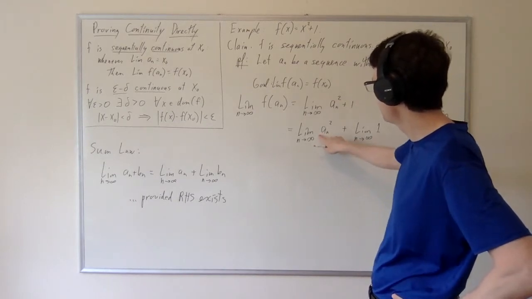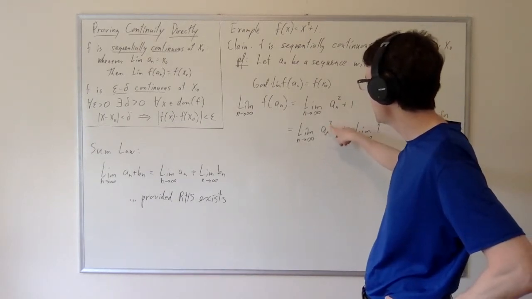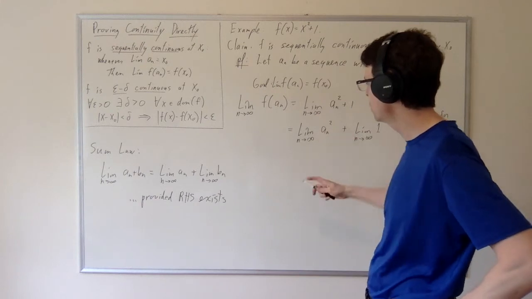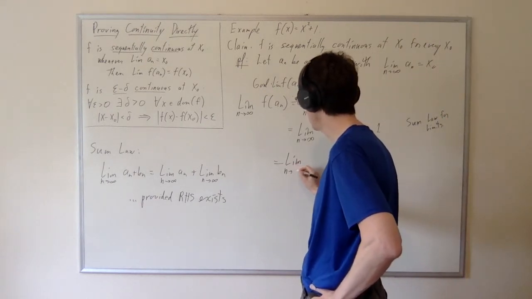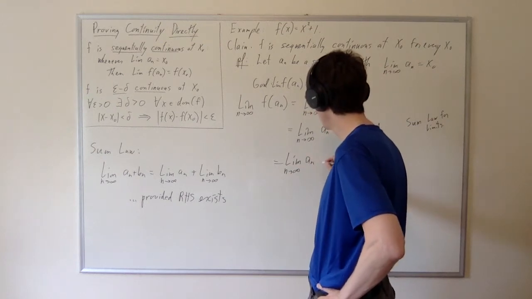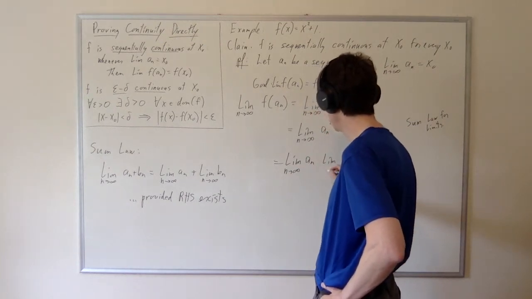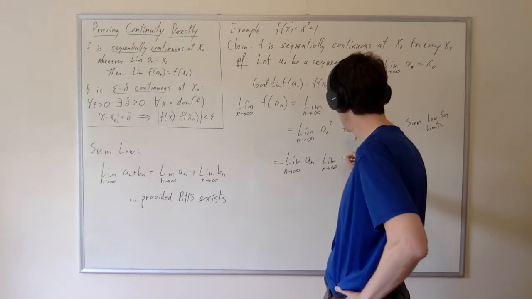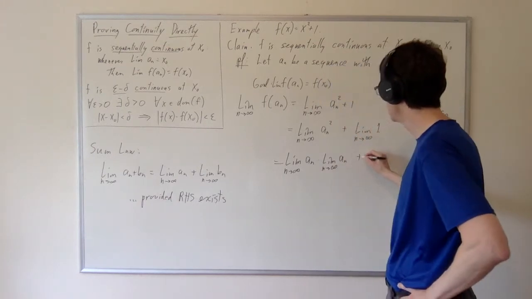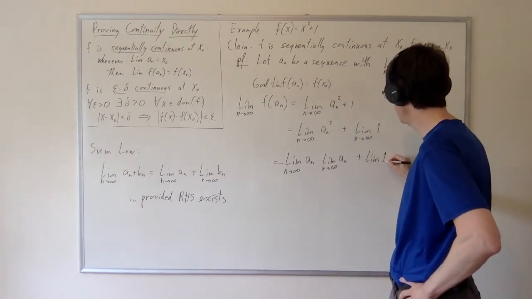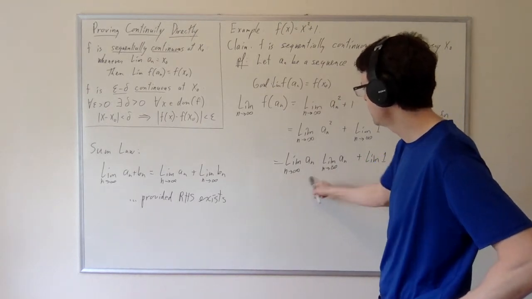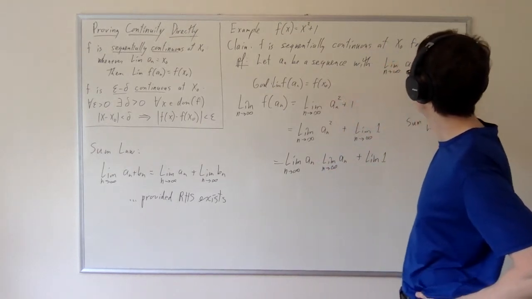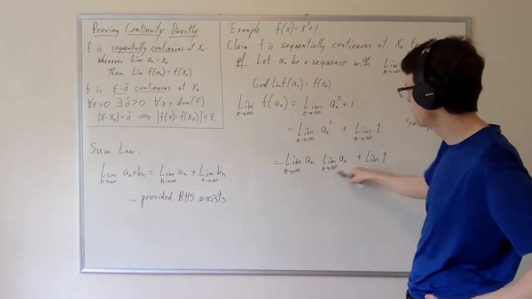This limit, so I'm going to think of a_n squared as a_n times a_n so that I can use the product law for limits here. Now, the product law for limits has exactly the same structure as the sum law, and it requires that both of the limits into which you break the limit must already exist. Do they? Well, in this case, yes, they do, and we don't need to worry about that because this limit is the limit of a_n, which we assumed up here was equal to x naught, and this limit is the same.